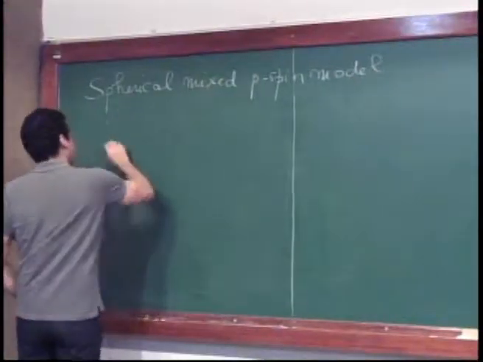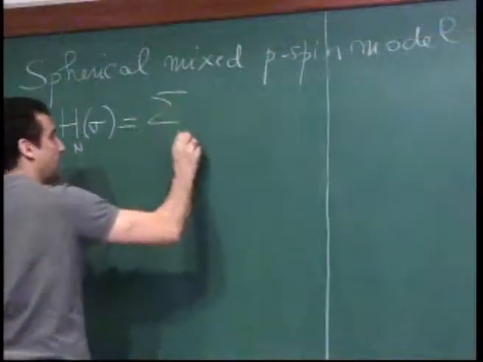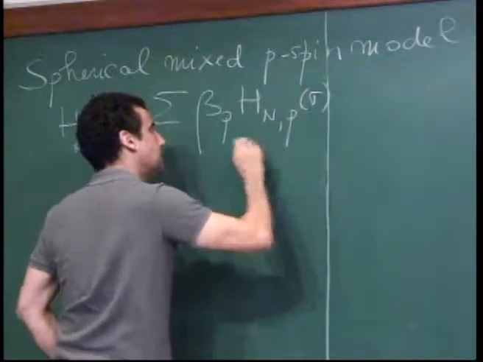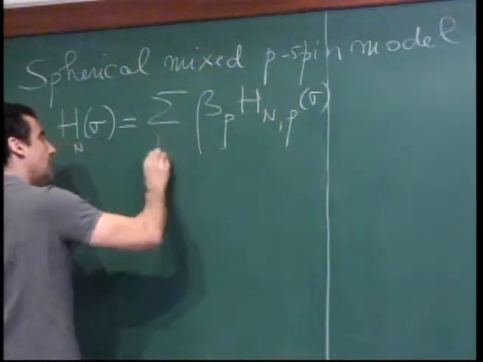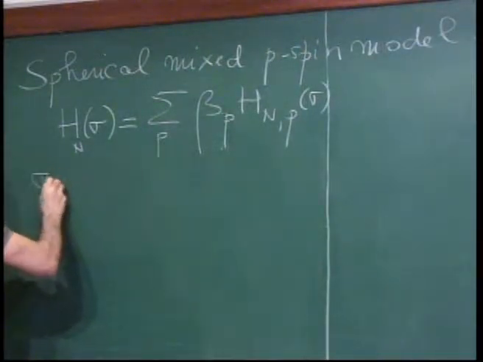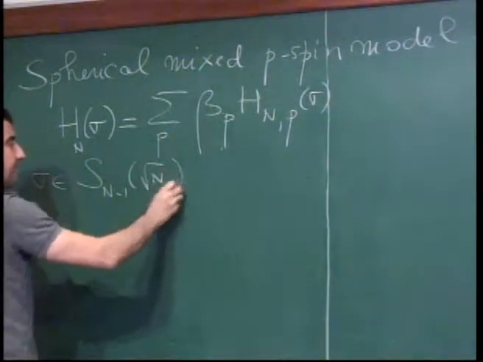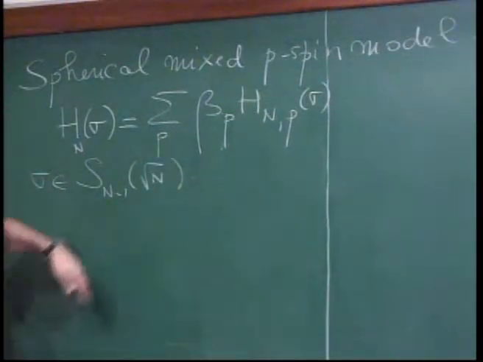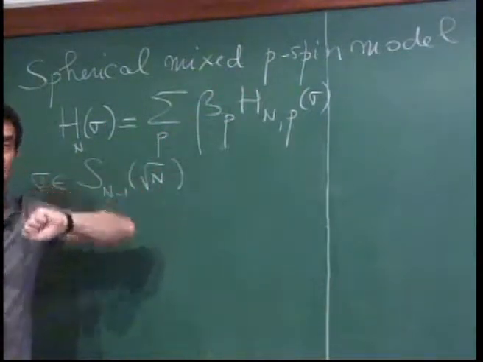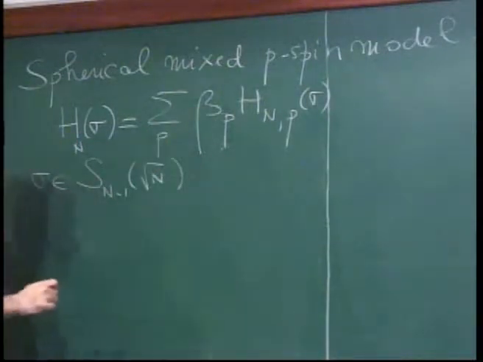As before, you remember my Hamiltonian is the sum of beta_p H_{N,p}, and sigma is here in the sphere of radius square root of N. Okay, so what I described last time was the case where it was pure. I described the case of H_{N,p}. Okay, and so again now, this is a smooth function when the beta_p decay fast.